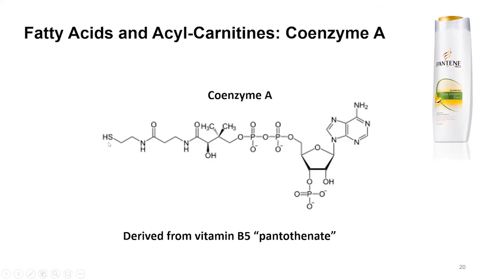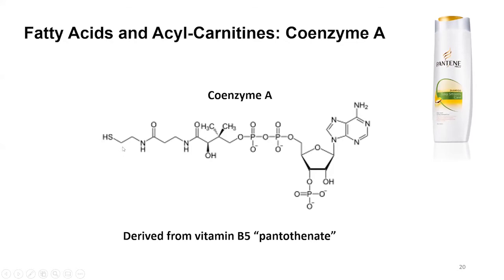Now, when tissues want to break down carbon fuels, you have these carbon fuels, which are carbon atoms bonded together in a chain of some kind. What these tissues do is attach these carbon fuels to the sulfur end of coenzyme A, and you get what's called an acyl coenzyme A. The acyl just means a carbon chain, the carbon fuel the body wants to burn, and it's attached to coenzyme A via this sulfur group, forming a carbon-sulfur bond.